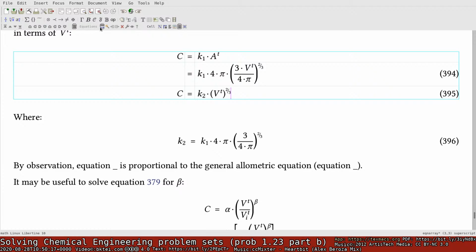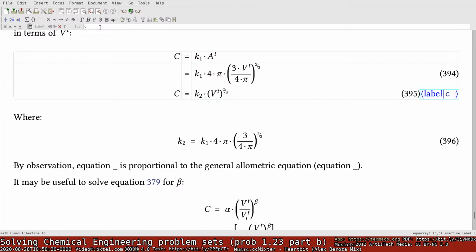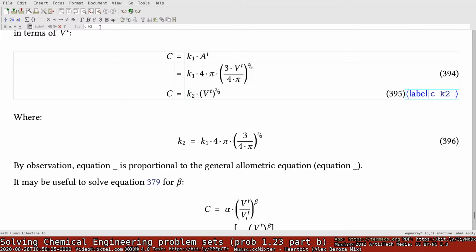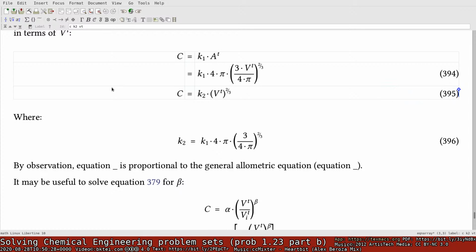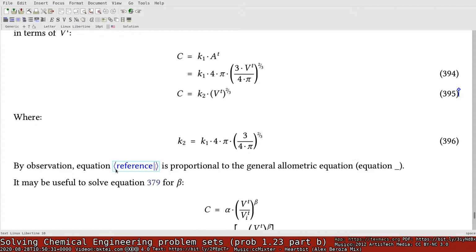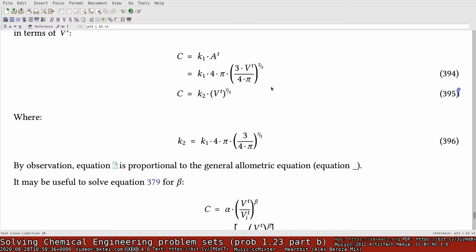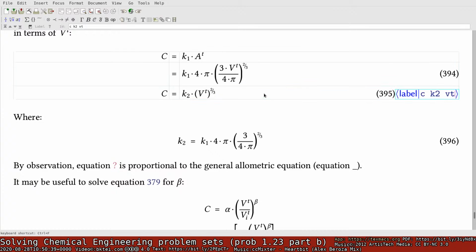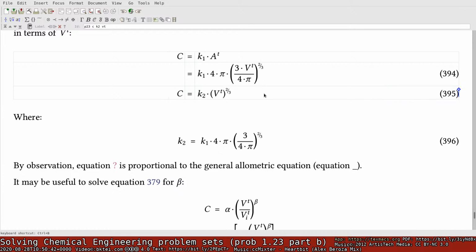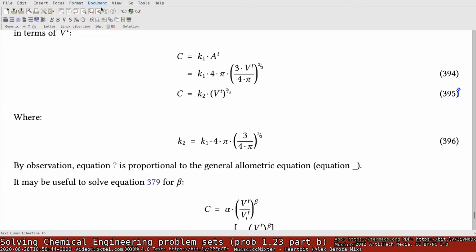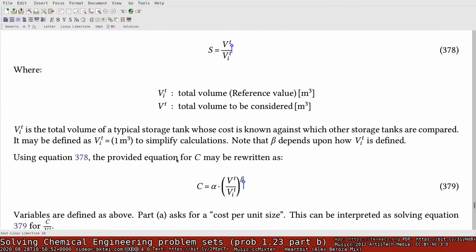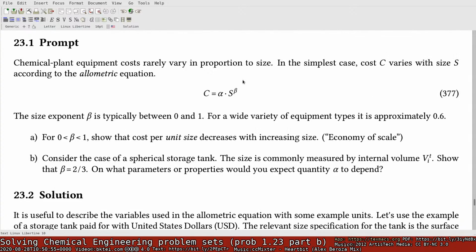Let's go ahead and give this a label. This is CK2VT. Do we have an equation number for the allometric equation? Yes.